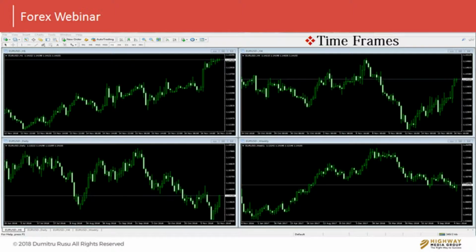Now, one thing to remember, like I mentioned in our previous webinar, is that depending on the time frame you are looking at, each candlestick represents that specific time frame. So if we are looking at 1 minute, every candlestick represents 1 minute.